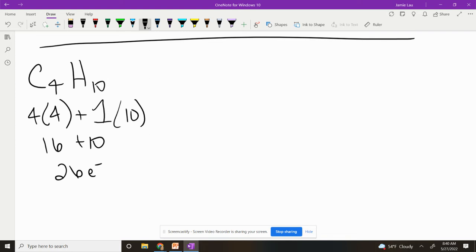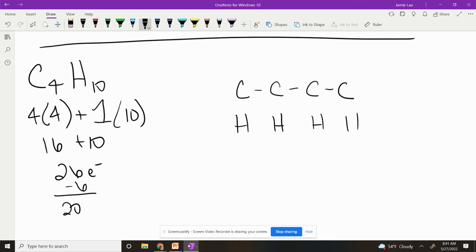So if I add this up, 16 plus 10, we're expecting to see a total of 26 electrons. As we often do with these carbon structures, I put the carbons in a row, 1, 2, 3, 4, and by connecting those, I used 2, 4, 6 electrons. That leaves me with 20. Now I'm going to put the hydrogens around it, because remember, every carbon always needs 4 bonds, and every hydrogen only needs 1 bond.